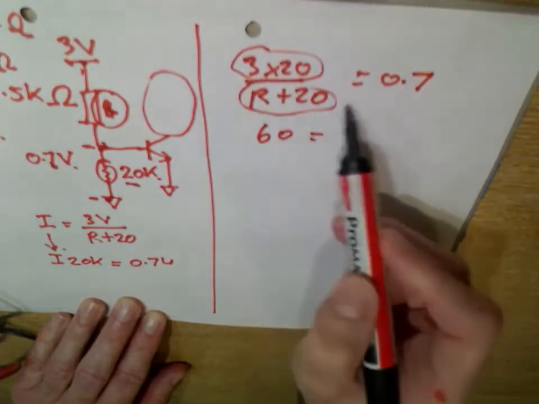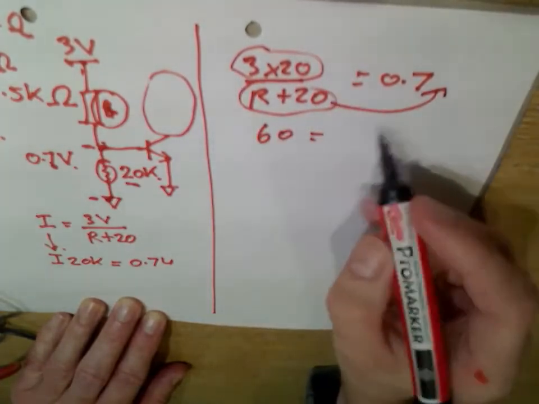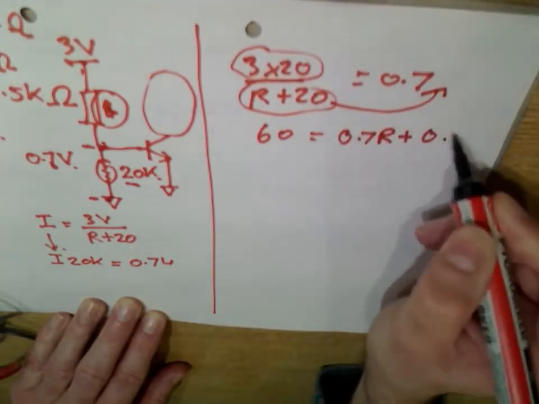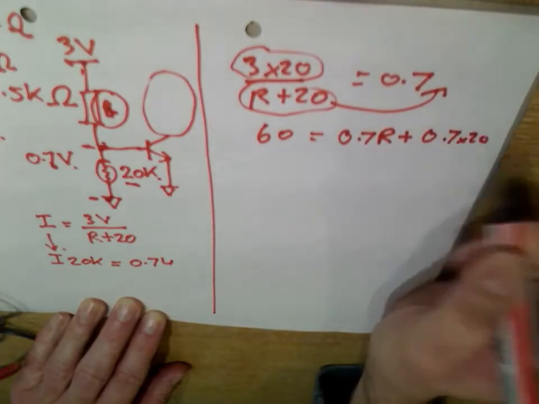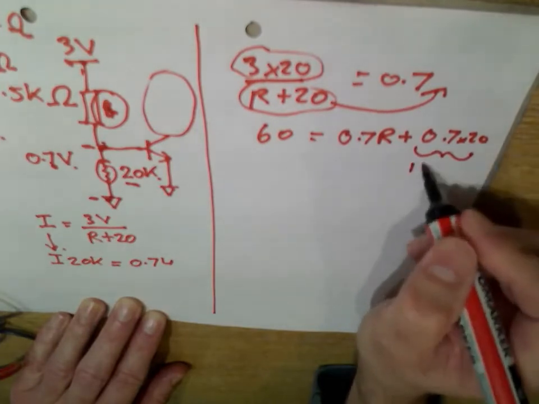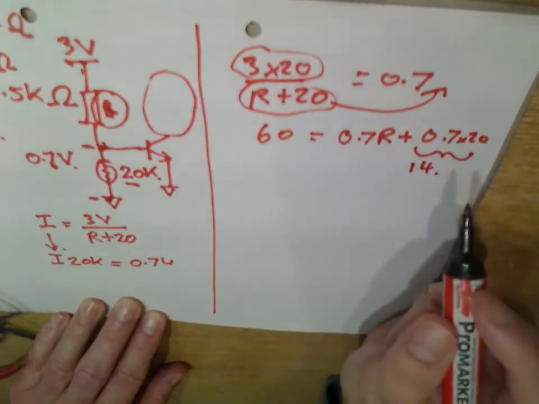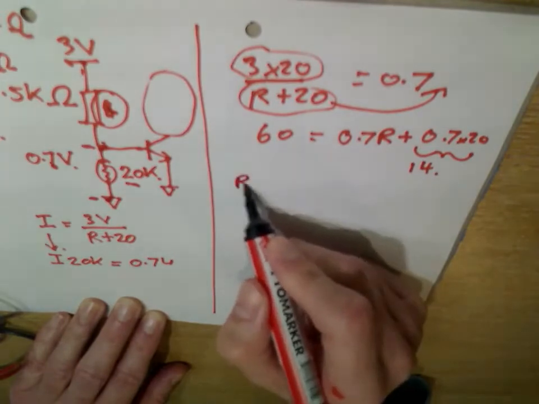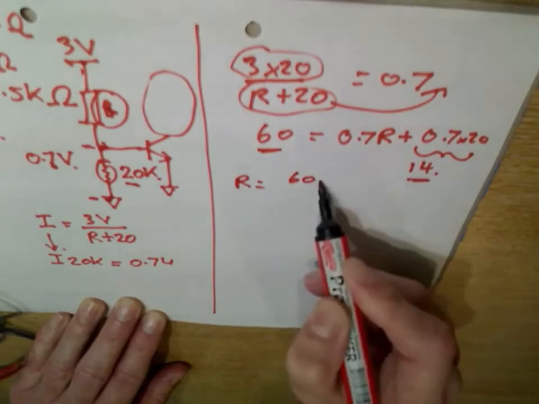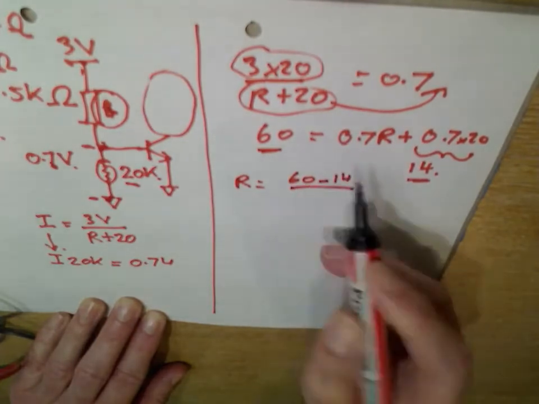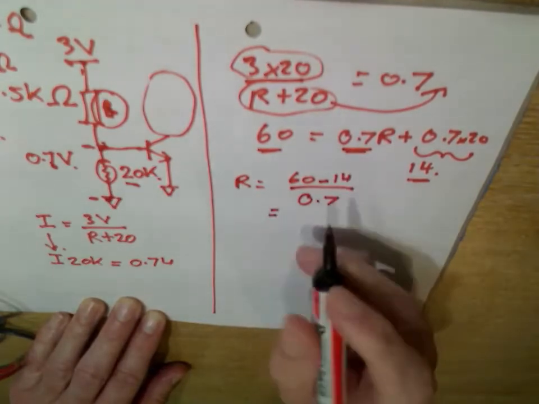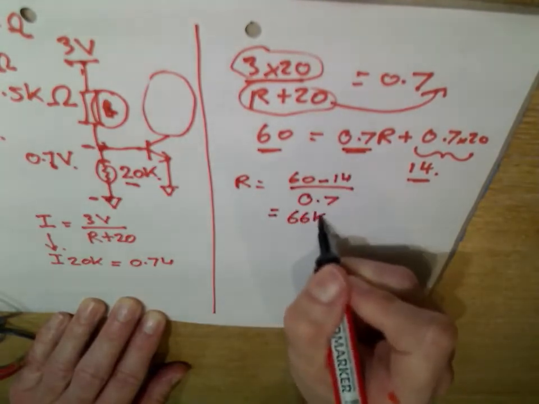Bring this over there and we get 0.7 R plus 0.7 times 20, and that is equal to 14. So the value of R should be 60 minus 14 divided by 0.7, and that comes out to 66k.